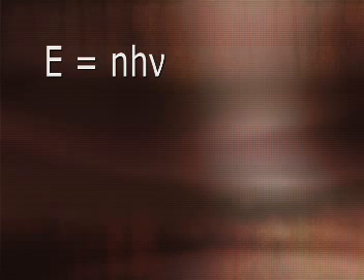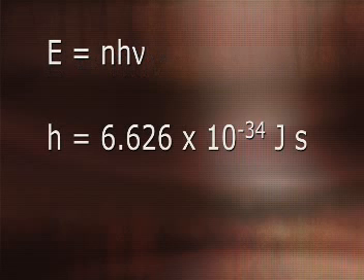And h is a proportionality constant, which is also called Planck's constant, and is equal to 6.626 times 10 to the power of negative 34 joule second. With energy in joules and frequency in seconds, h has units of joule second.